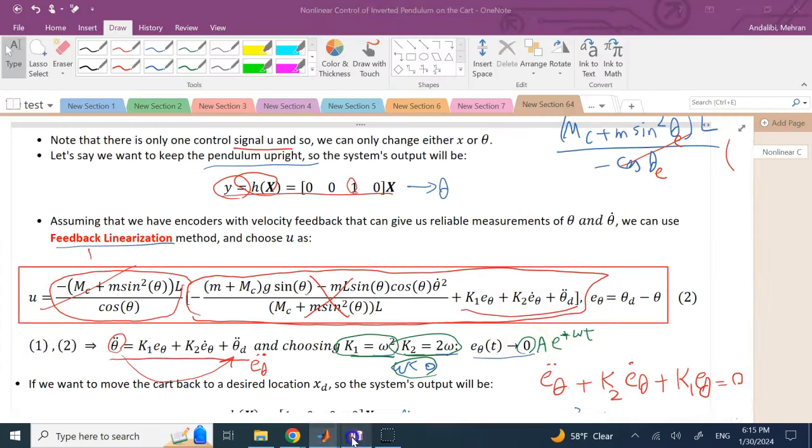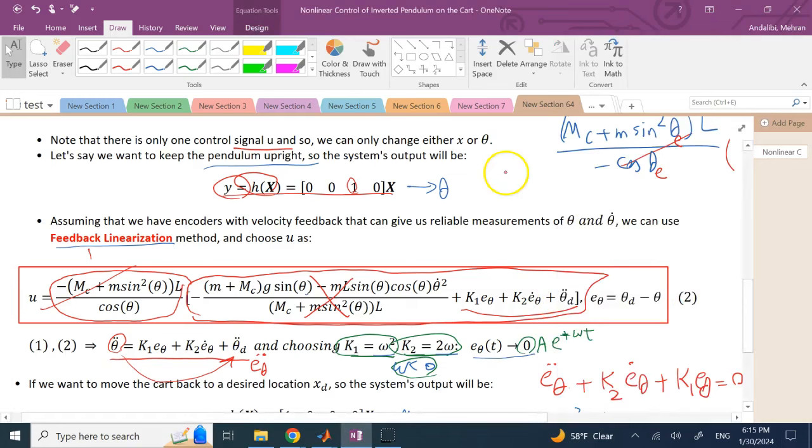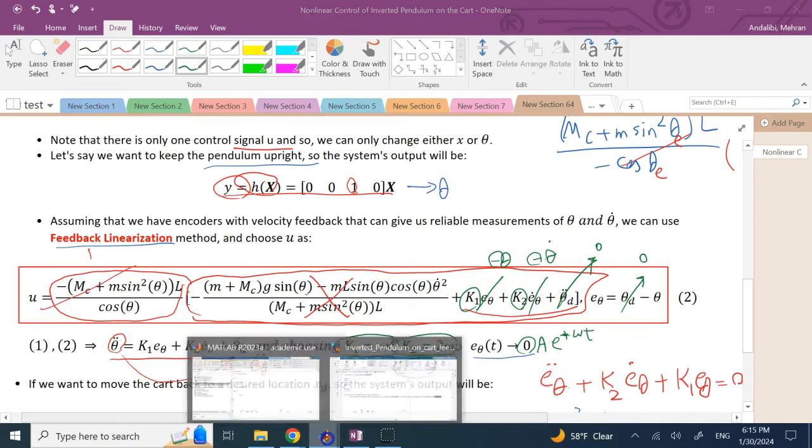And remember, you also had another term, theta d double dot, but remember that your theta d double dot is 0 in this case. I just want to drive the system to 0 angle. So not only this guy is 0, this theta d is 0 and theta dot d 0. So E theta will be negative theta and E theta dot will be negative theta dot. So I combine that negative K1 and K2 into, instead of 4 and 4, I made them like negative 4, okay?